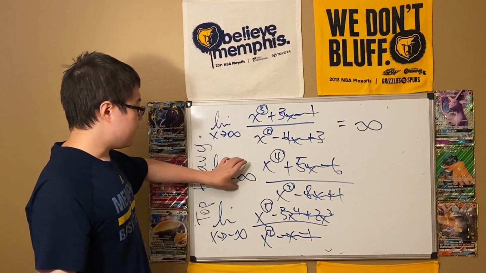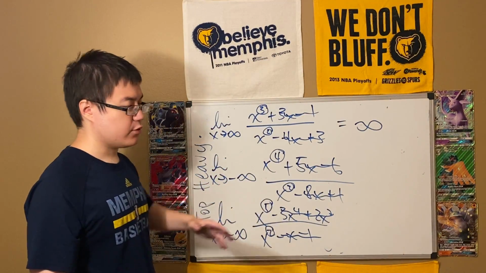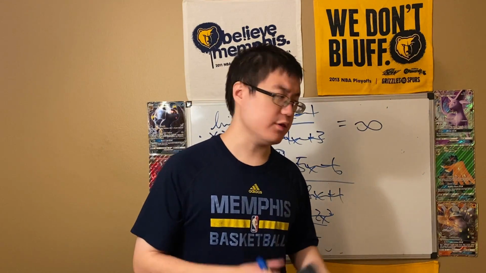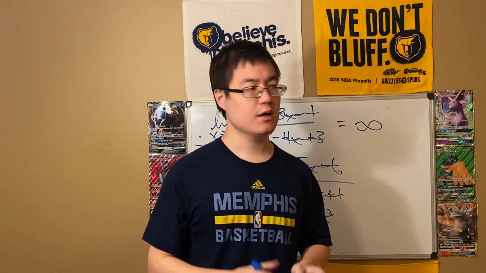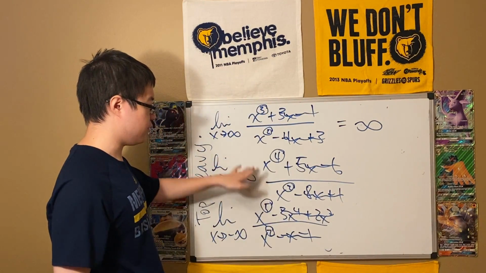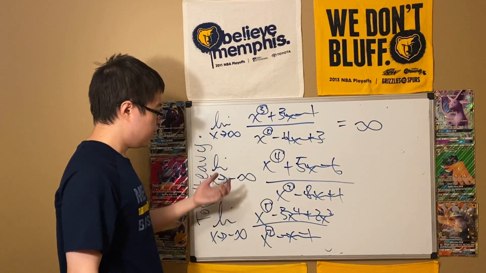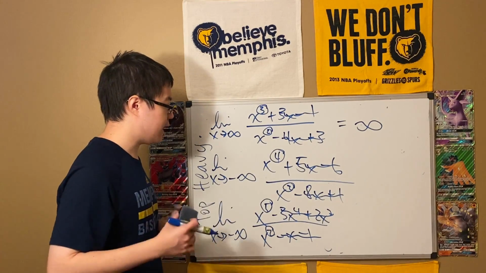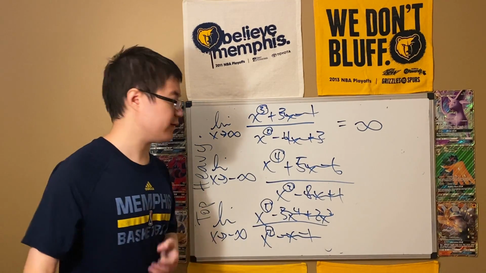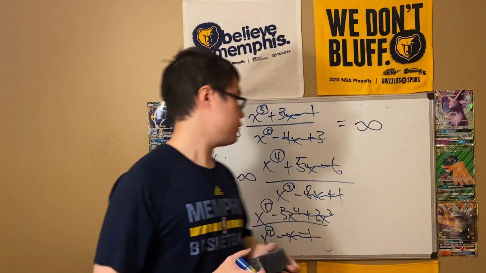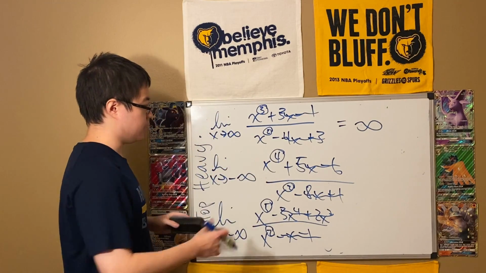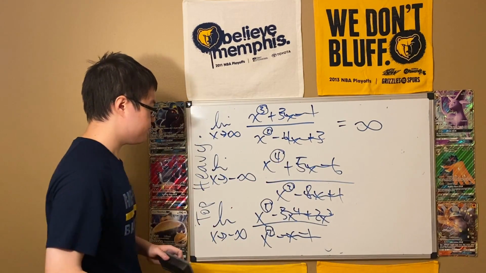Then we're going to plug in negative infinity into the leading term of the denominator as well, and compare the signs of both the numerator and the denominator. Keep in mind, because we're doing limits involving infinity, you only have to plug it into the leading term, because the other terms don't matter.